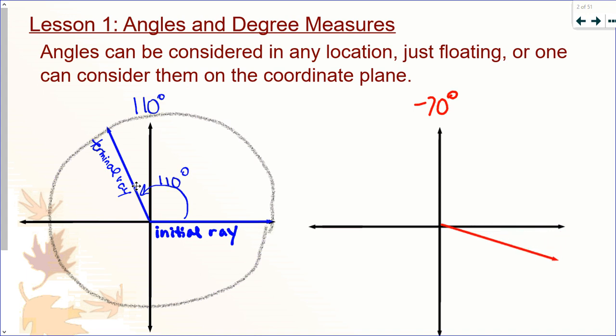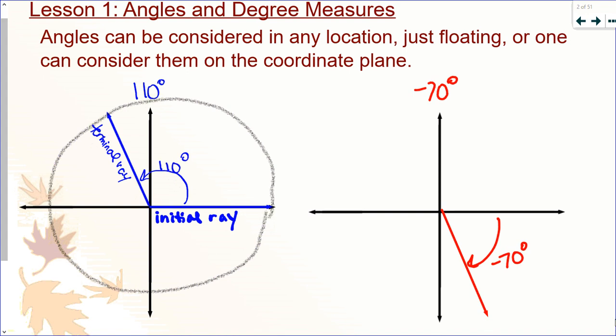So 90 is straight down. That's our right angle. So I want to be a little bit off of the 90. And so that is going to be representative of negative 70 degrees. And obviously I have to do a little estimation there. Maybe I want to rotate it a little further because I only want to leave 20 degrees.